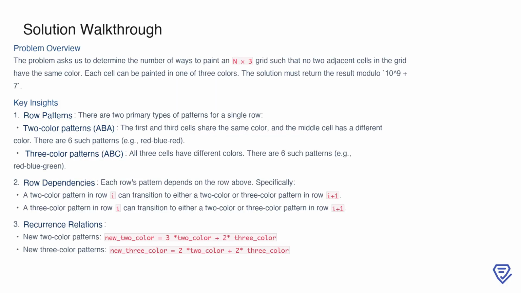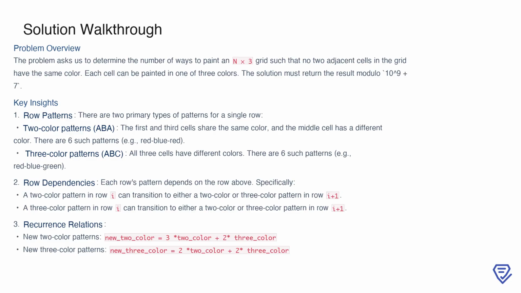To solve this problem, we start with the simplest case where n equals 1, meaning we only need to paint one row of the 3 times n grid. First, we initialize the constant mod, which is set to 10^9 + 7 to ensure our results stay within bounds for large calculations. Next, we define two categories of valid patterns: 2_color, which represents patterns with two colors like RGB, RBG, and so on, and 3_color, which represents patterns with three distinct colors, such as RGR or BGB.